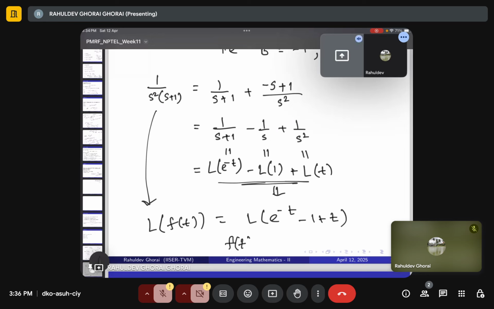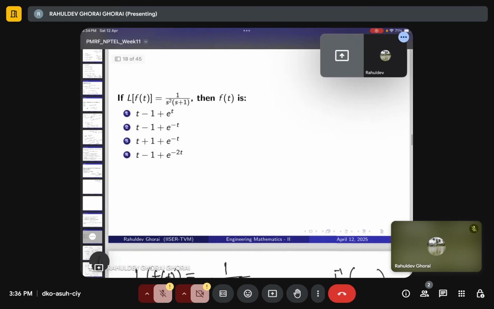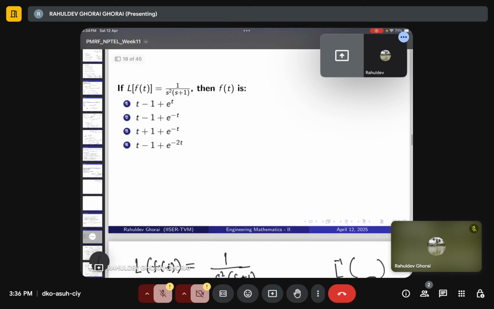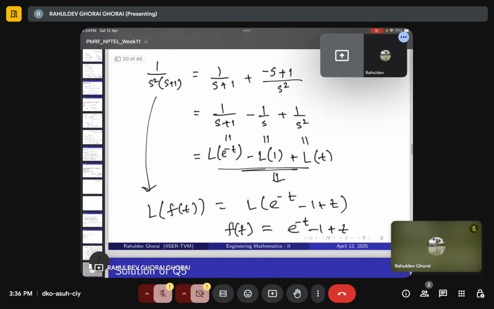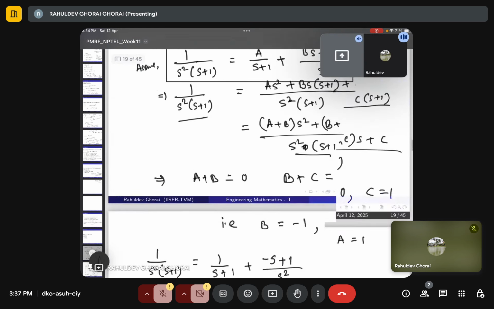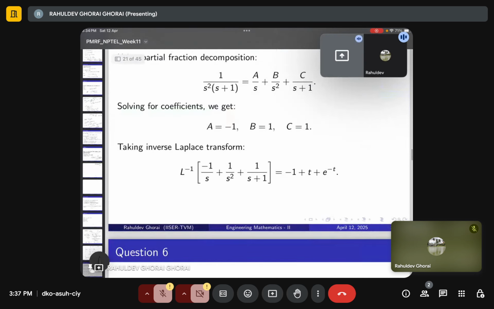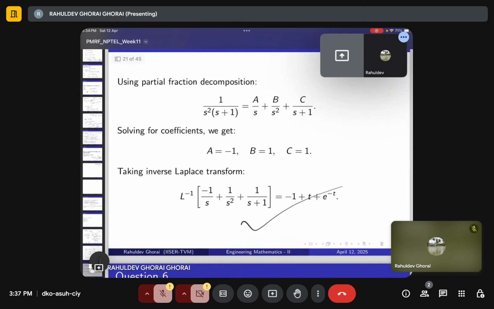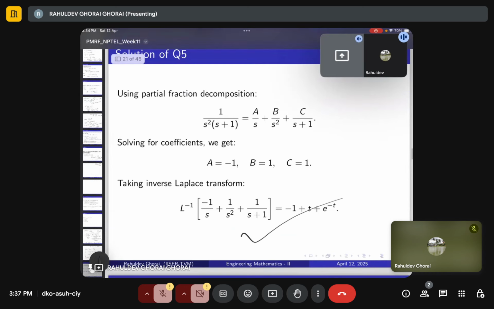So what one can obtain, f of t is e to the power minus t minus 1 plus t. So option 2 will be correct. All other options we can discard. And the answer is given to you.